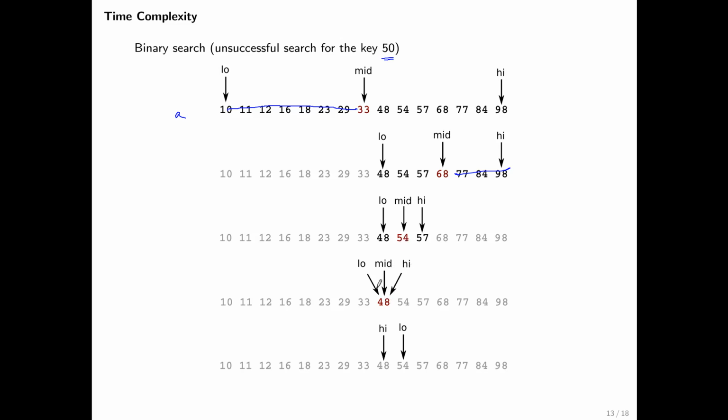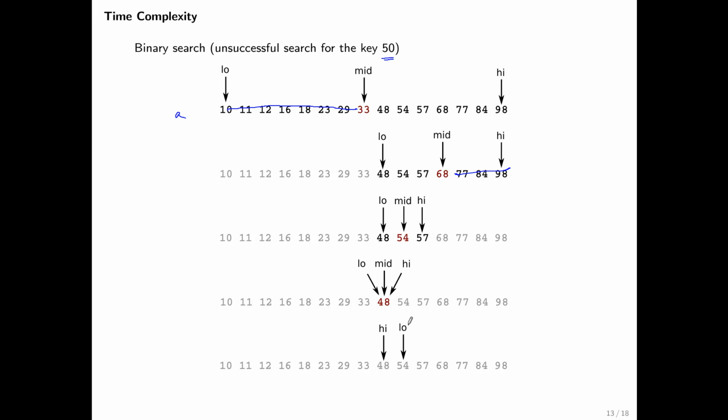So now you have a scenario where all these pointers point at 48. Now you compare 50 with 48. Well, it's larger, so low is now adjusted to point to this element, and high continues to point at 48. But now notice you have a scenario where low and high are on opposite sides.